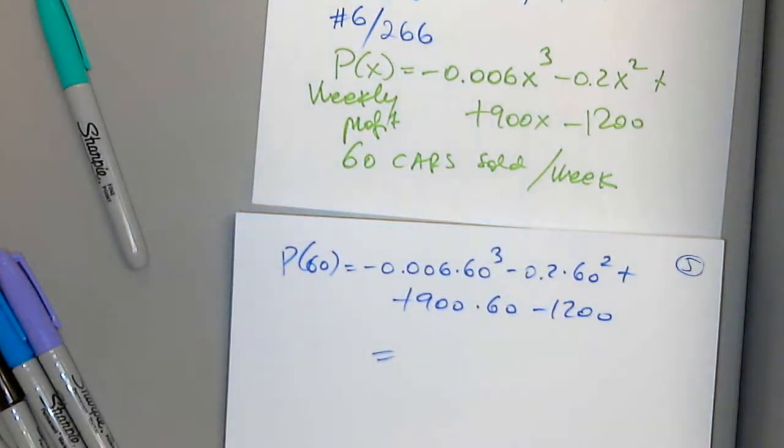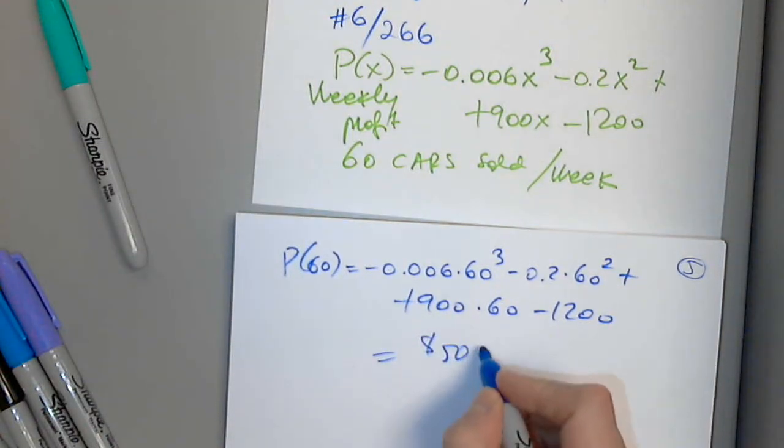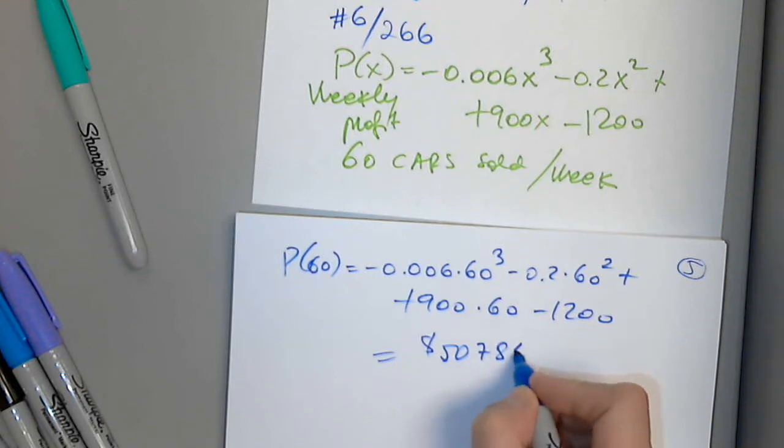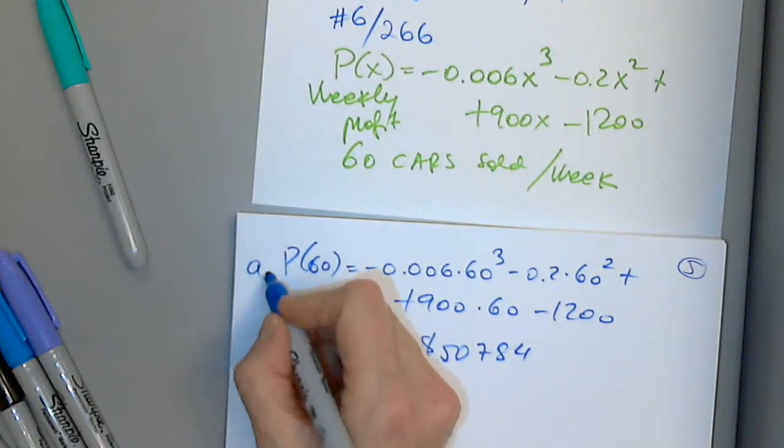If you have this number, give it to me. Don't torture me. If not, 50,784. Okay. If you all agree, what is it? 50,000. You said 184. Okay. So this is part A.